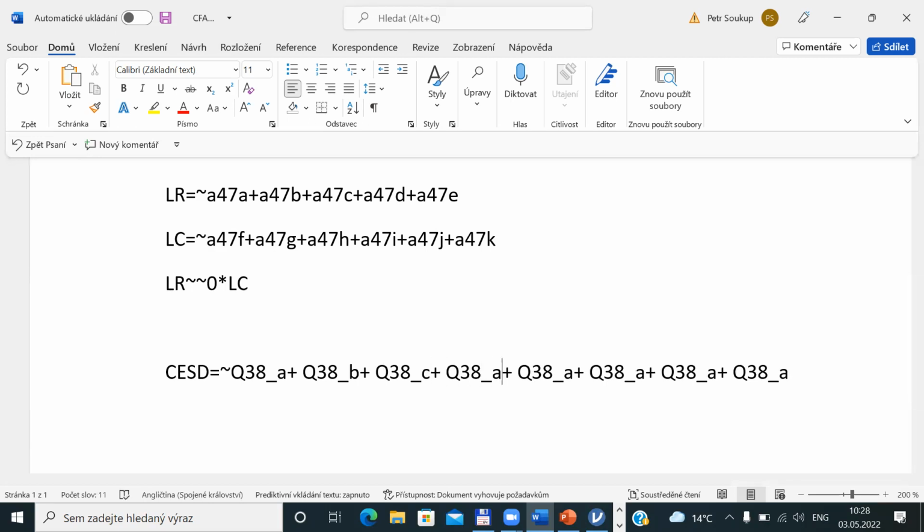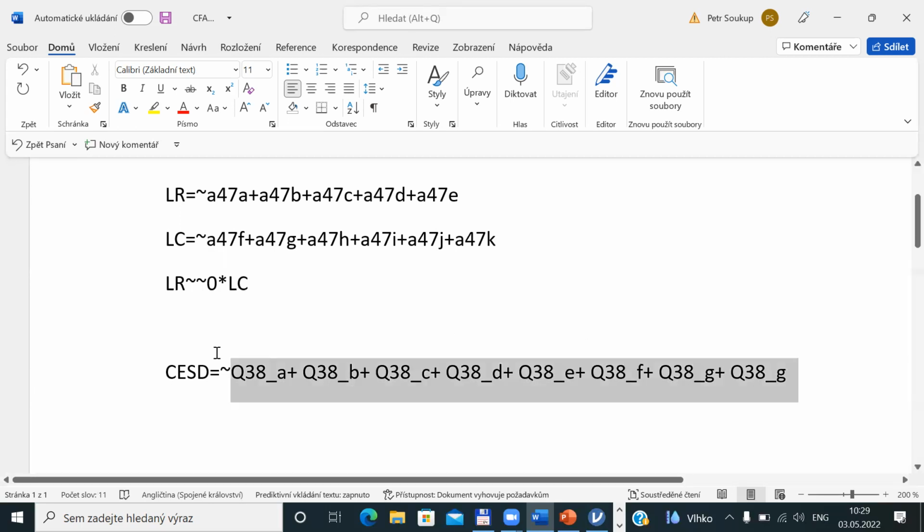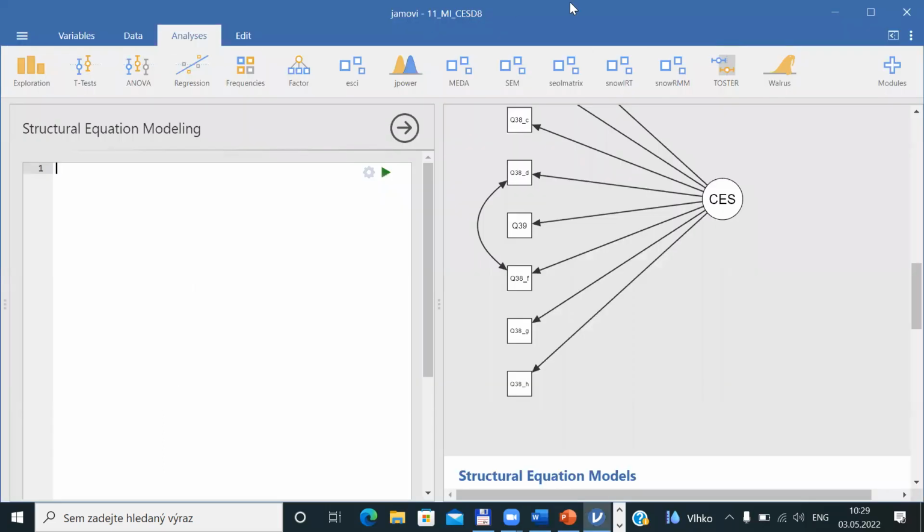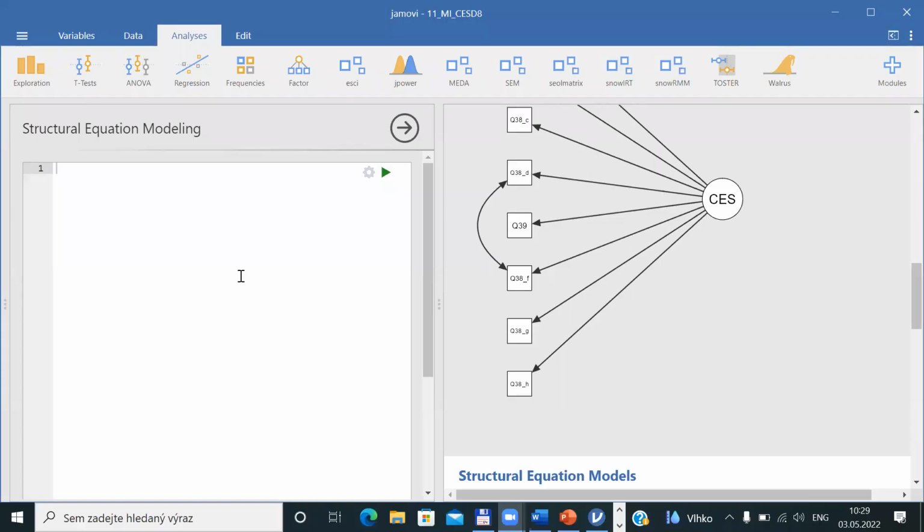So B, C, D, E, F, G, and H. So that's our measuring model for CESD. Once again, I will copy it into the chat for you, if you would like to only make a copy. And if I go back, here I would copy my model.